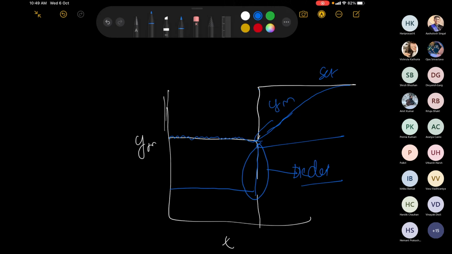So you see that the YM will definitely have a smoother response compared to YSP minus YM, because YM is the actual process variable and it would tend to change in a reasonably slow fashion only.